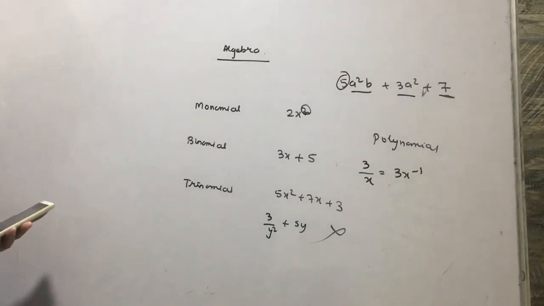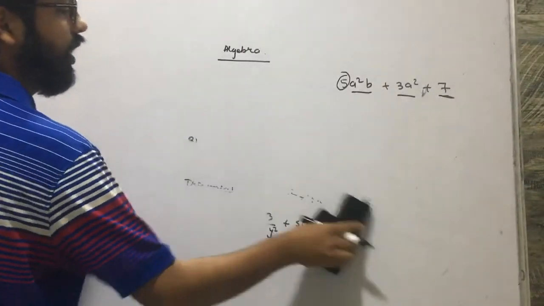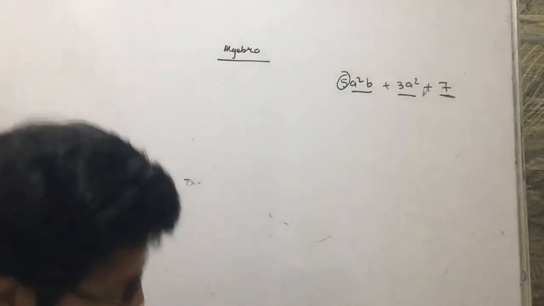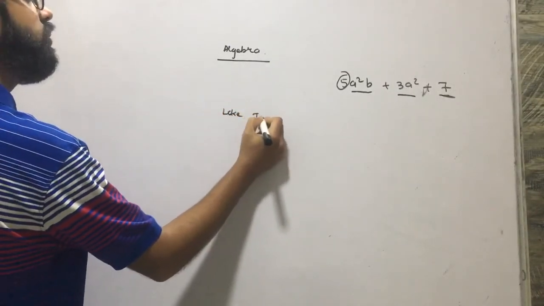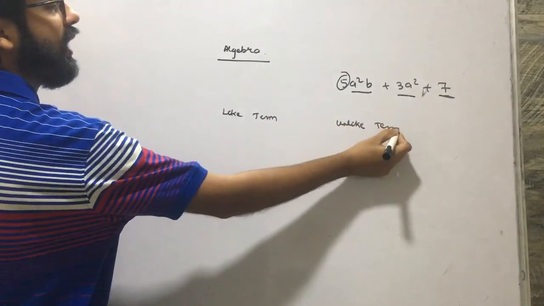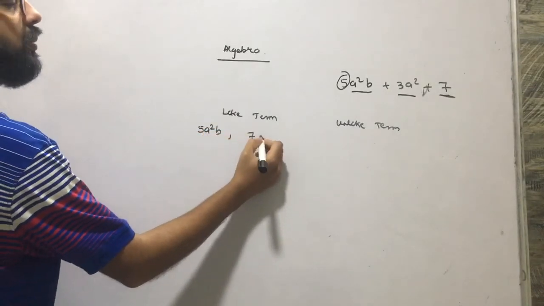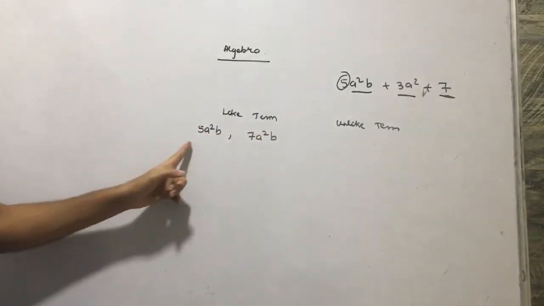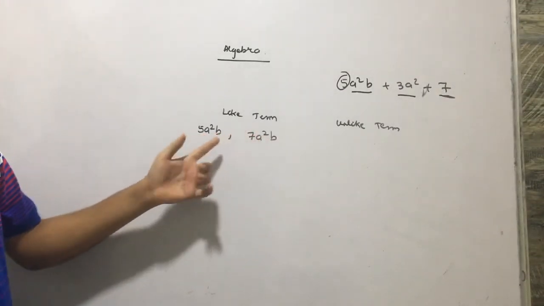Now next are like terms and unlike terms. As the name suggests, there are like and unlike terms. A like term is, for example, 5a square b and 7a square b. If you observe, the power of a is the same, a square, and b is the same.